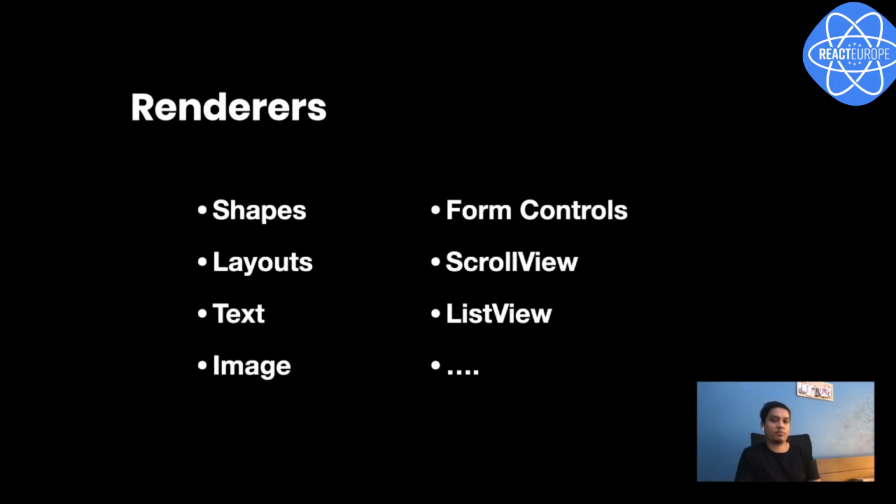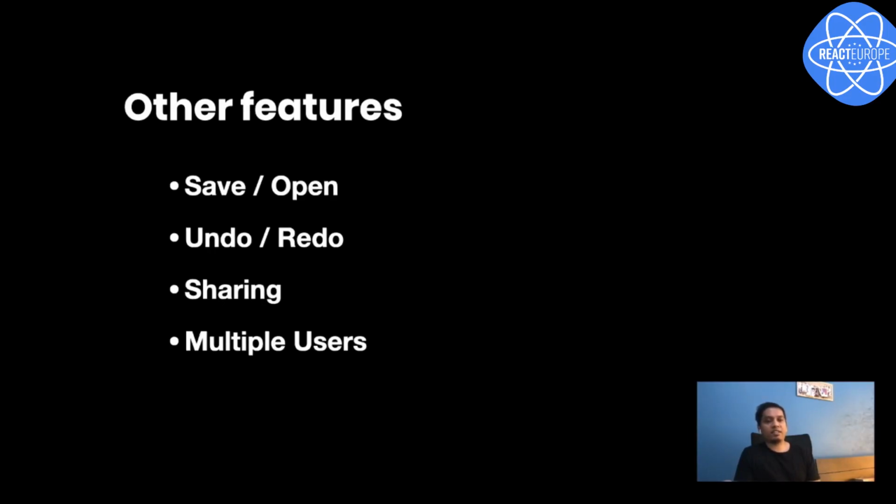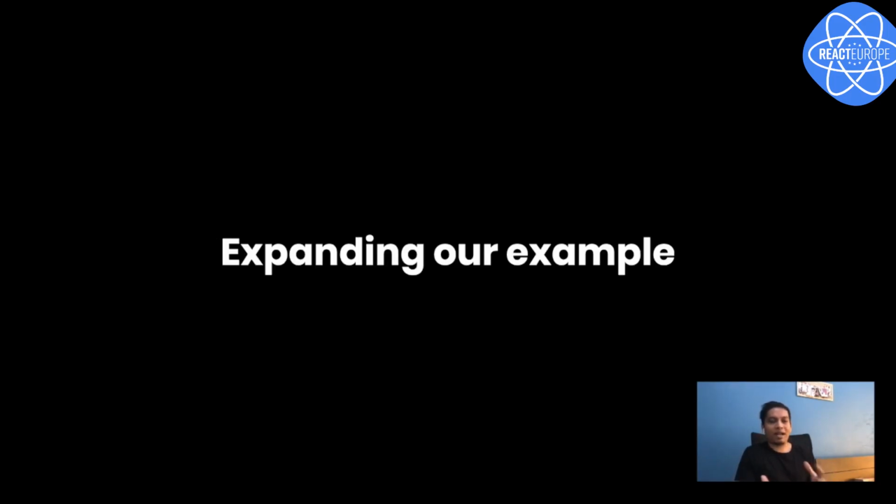Renderers: we can have shapes, form controls, layouts, scroll view, text and input text, list view, image, and a bunch of other things. And yeah, as I mentioned earlier, we need to save, reopen, undo, redo, share the session, and do a bunch of these operations. So let's try to expand our example to actually build this design tool.